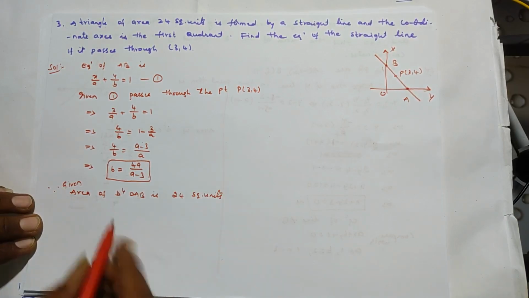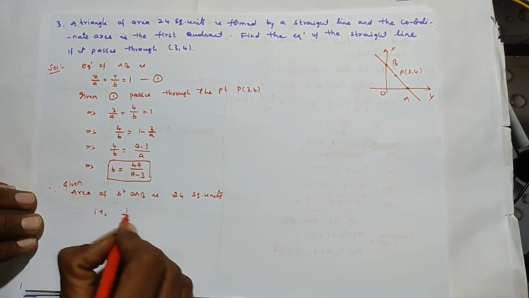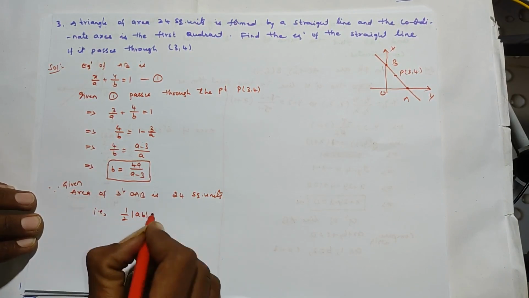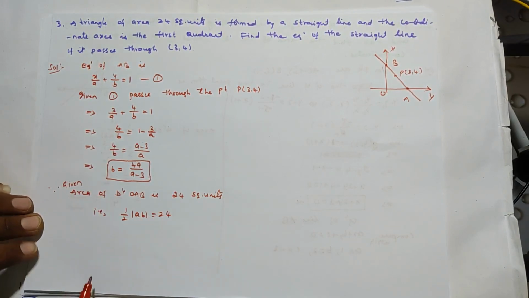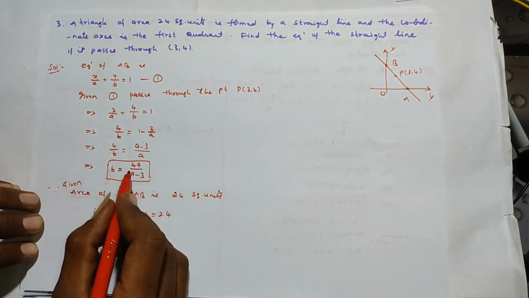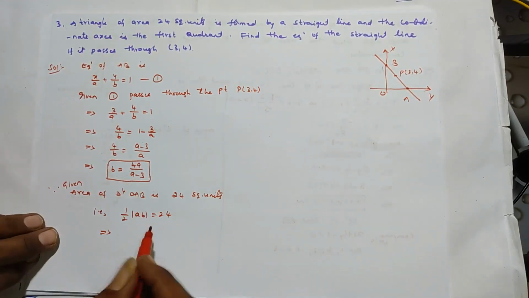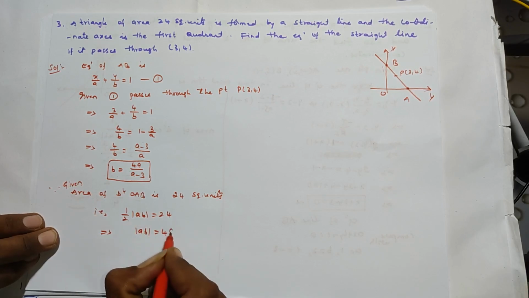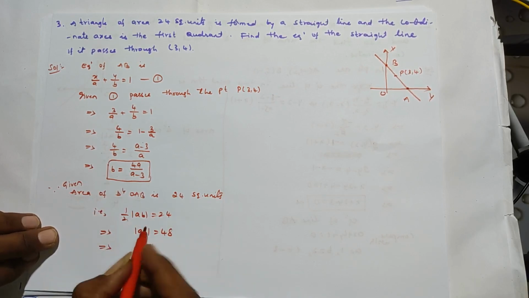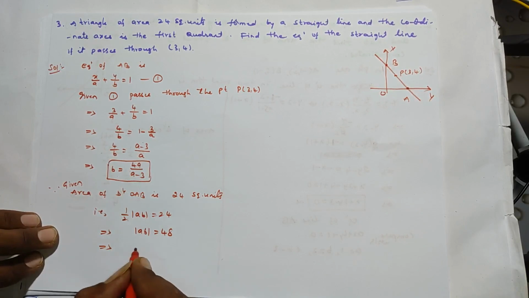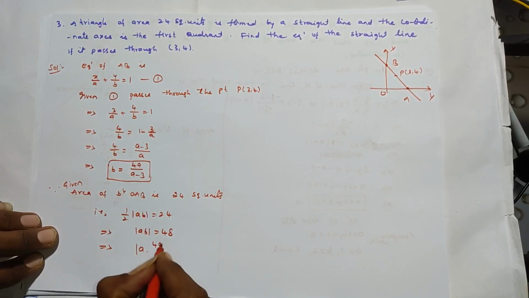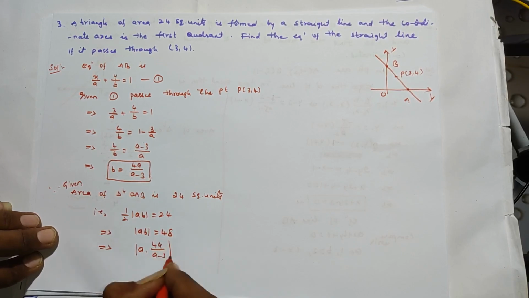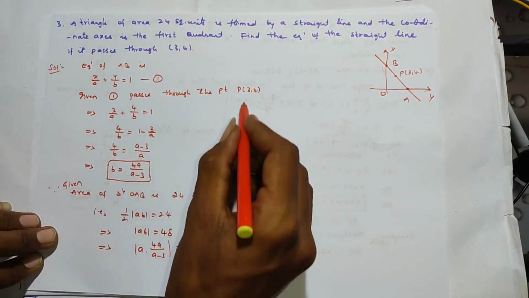Right? That is half mod ab is equal to the given 24. That implies, as the b value is 4a by a minus 3, substitute here. So mod ab value we can write as 48. That implies a into mod of a into b value, 4a by a minus 3, is equal to 48.